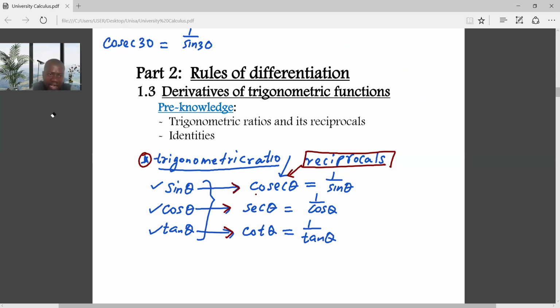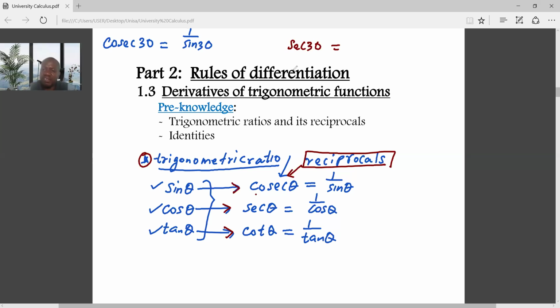They only show sine, cos, and tan. So for example, if you were asked to calculate sec of 30, we do not have sec on the scientific calculator.